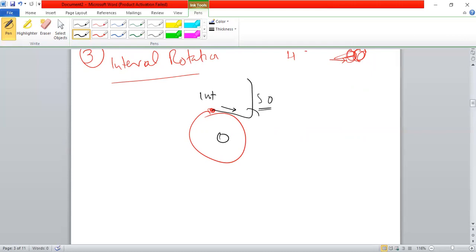So there will be a lack of internal rotation. Superior oblique does the internal rotation, and opposite to it is the inferior oblique, which does the external rotation. So if your superior oblique is not working, your internal rotation is not working.